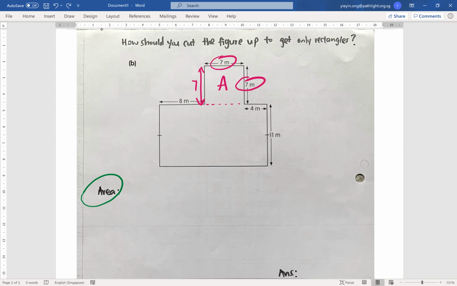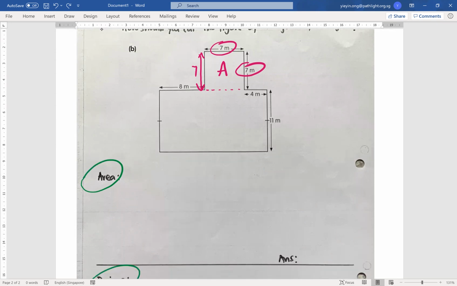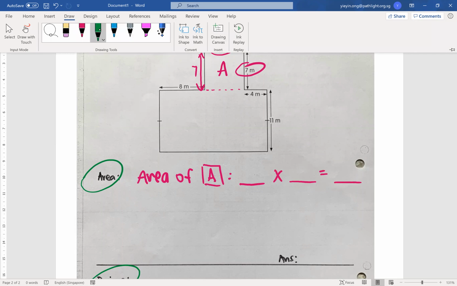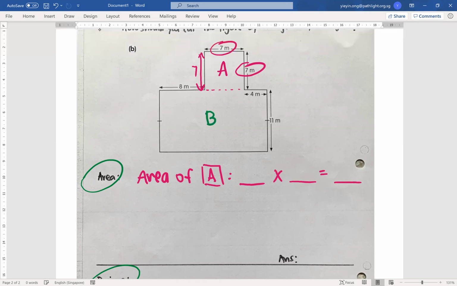So area would be finding the area of square A. Okay, what times what? Then next, you have to find the area of rectangle B, this part.